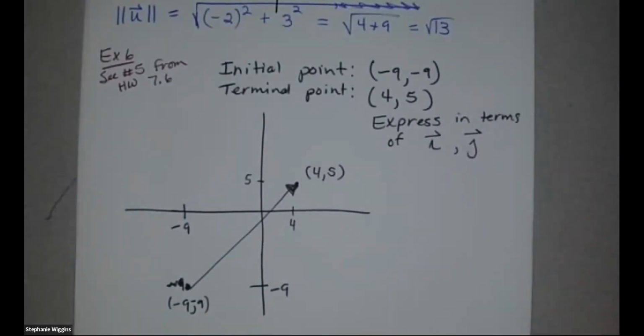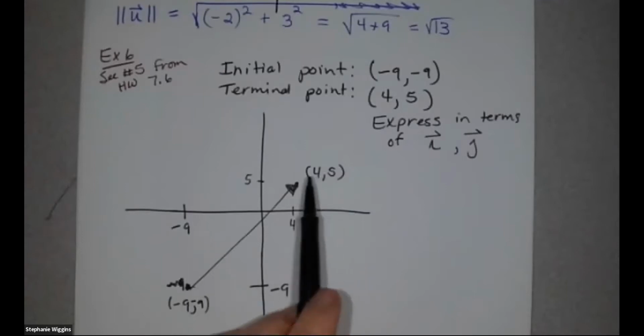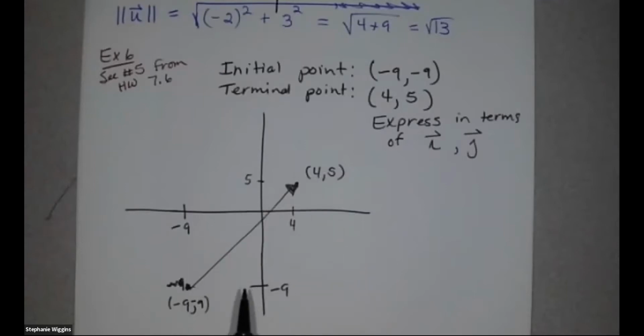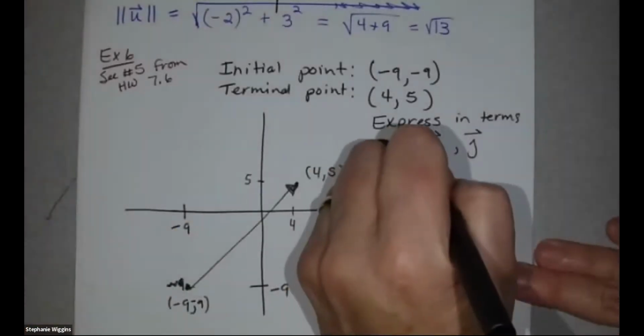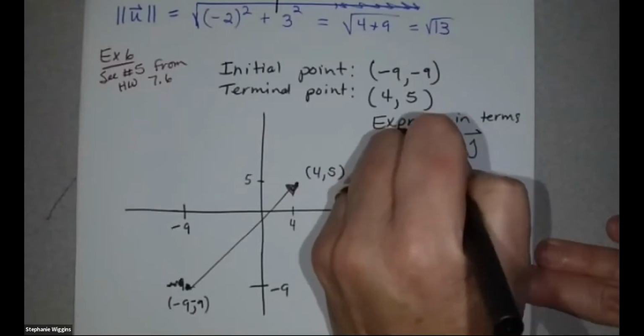So what is the scalar multiple for the i? Well, remember now the i is the x direction. So we are going in the positive. If we start at the initial point and we move to the terminal point, we are moving in the positive x direction. And we're going to go over 9 units plus an additional 4 units. So a total of 13 units. So it's going to be 13i.